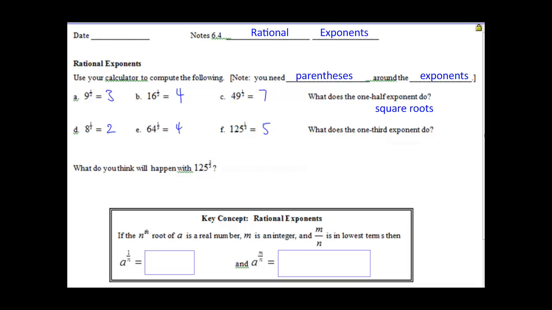You'll notice you're taking cube roots. So what do you think will happen with 125 to the 2/3? Yes, you're hopefully right. Cube root, and we have squares, so square on top, cube root.